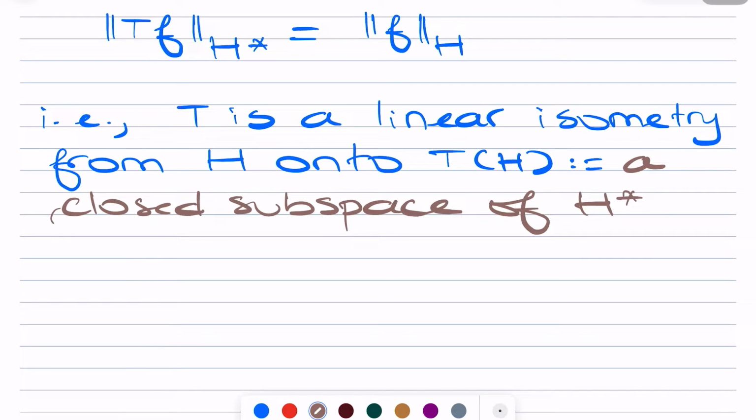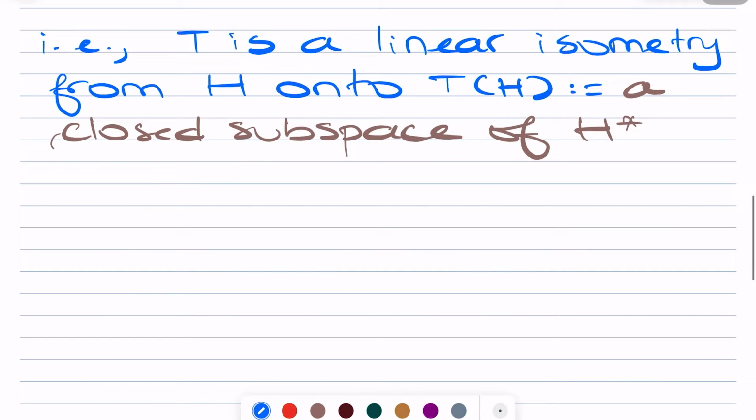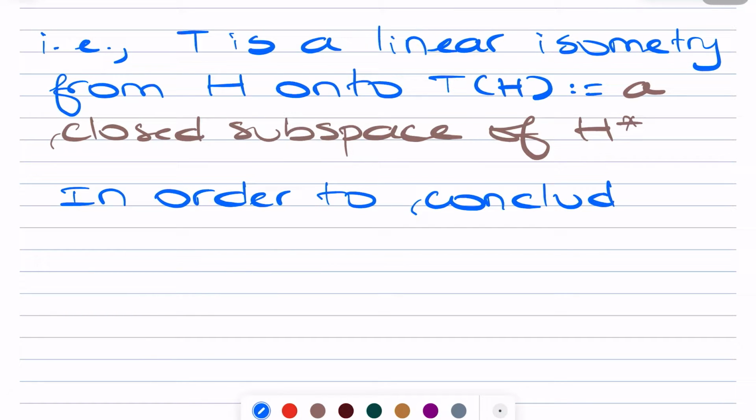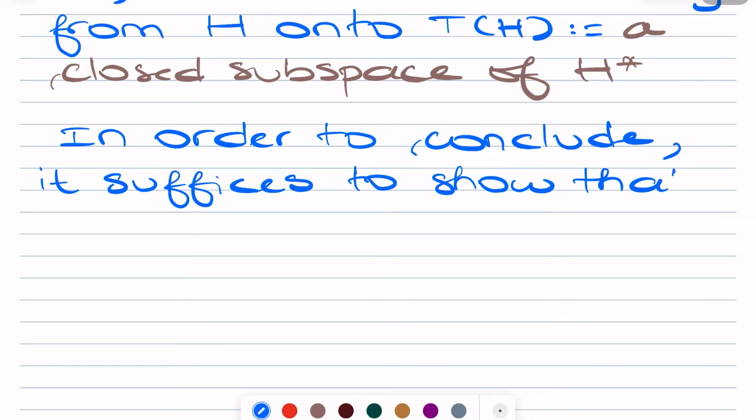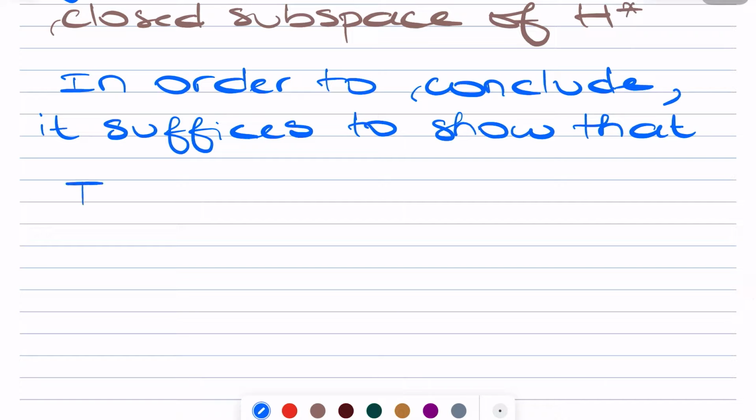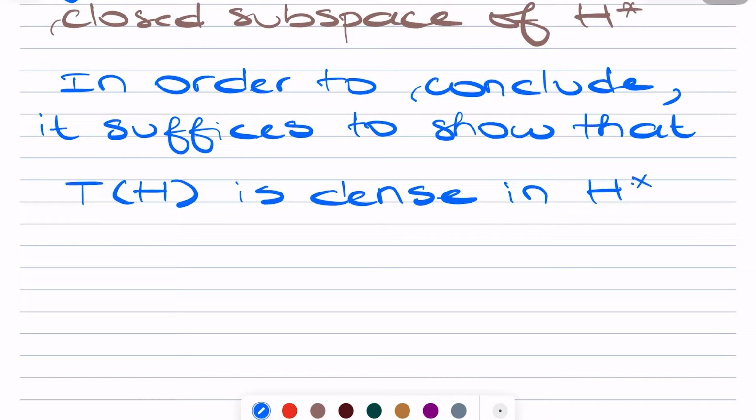Now, in order to conclude, it suffices to show that the image space, T(H), is dense in H star.